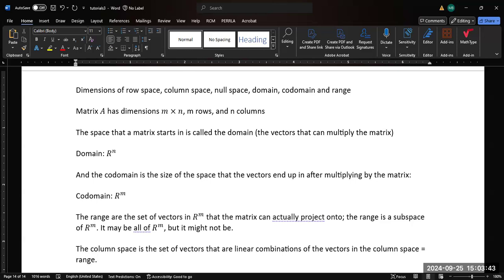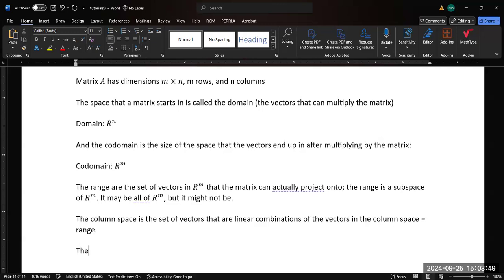So the dimension of the column space and the dimension of the range is going to be the same, equal to the rank, which is the number of pivots.